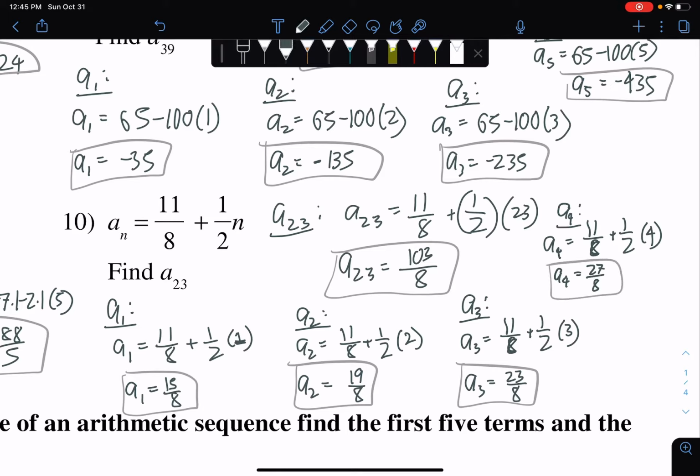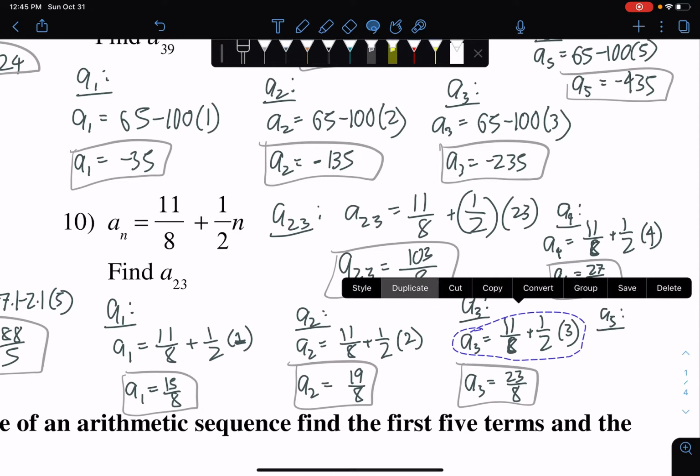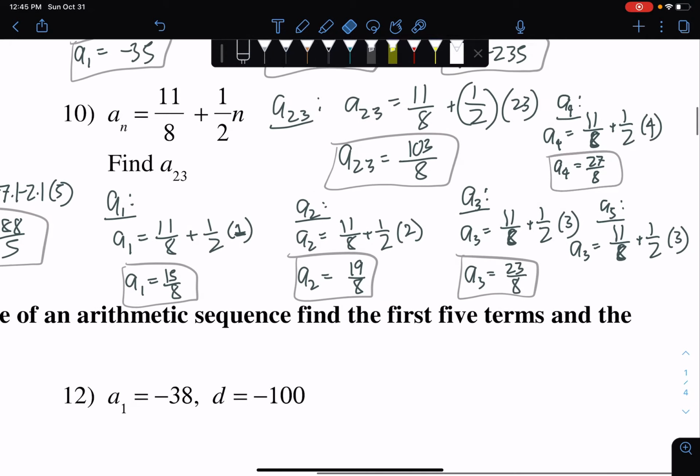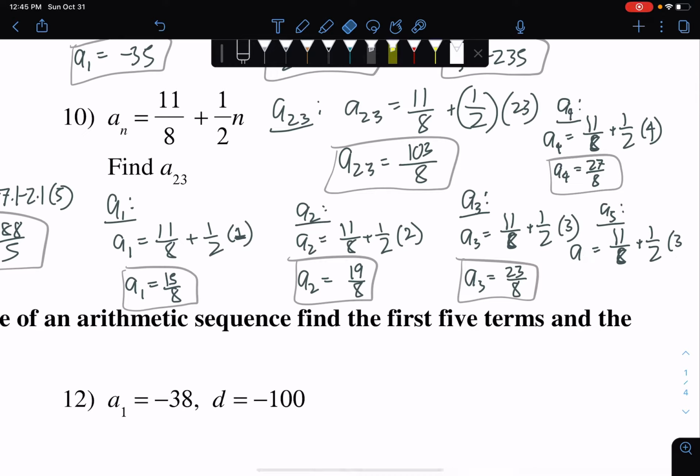For a sub 5, the same formula, but this time we have 5 as our n value. A sub 5 is equal to 31 over 8.